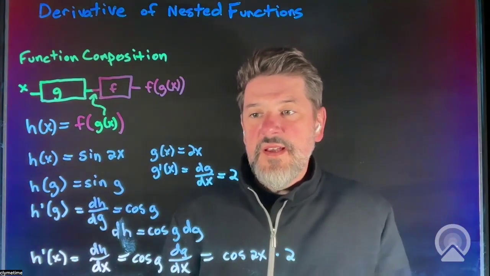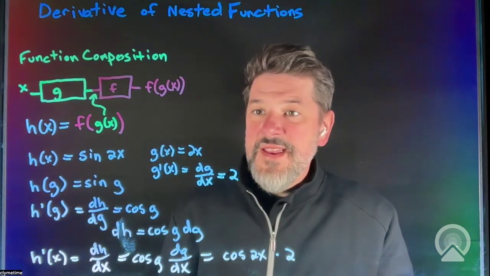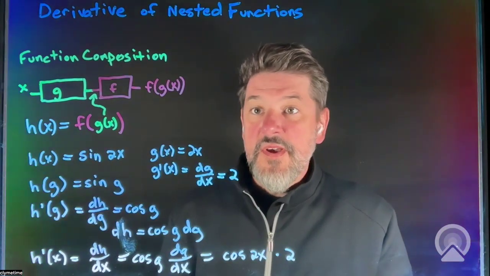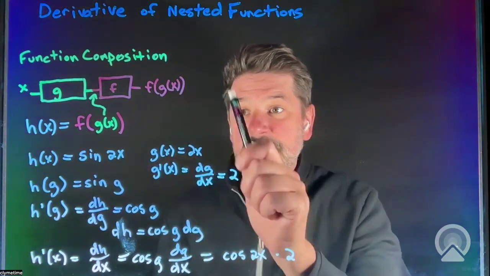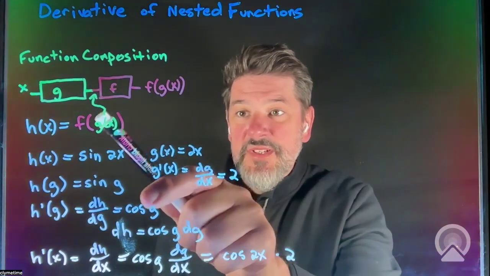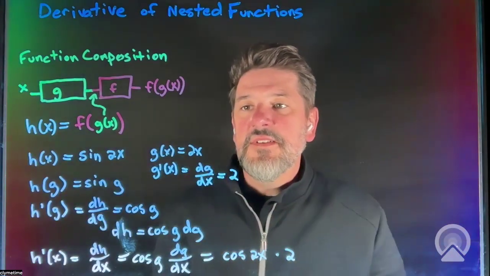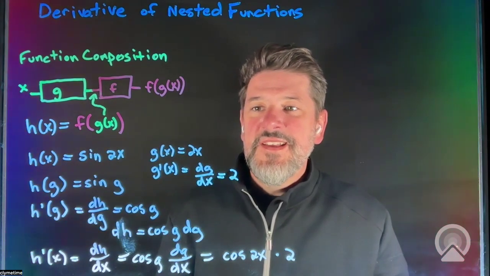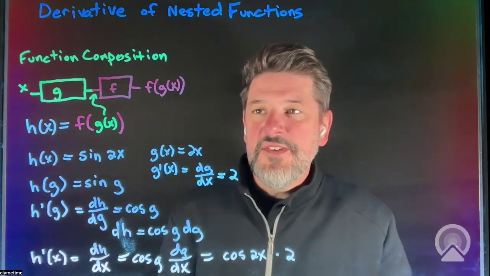Now, what we end up with here is a process I went through that is true for any situation where you have a function within another function. If you have a composition of functions where the input of one function is itself a function, I call that nested functions, or a function within a function.